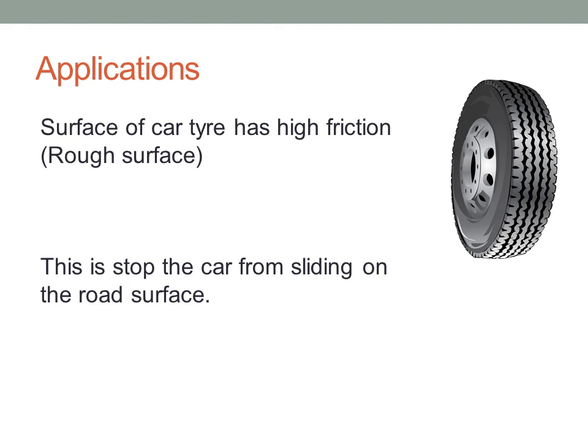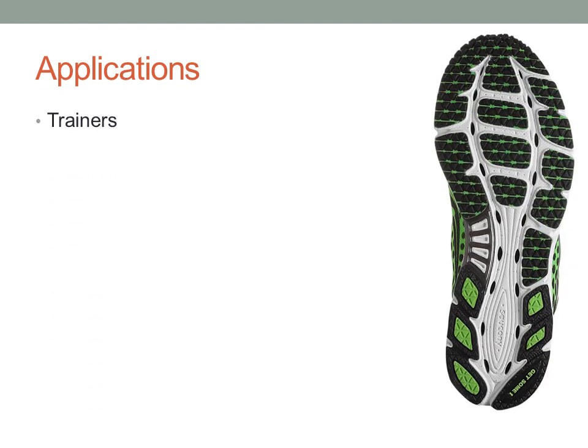Here, the friction acts against the direction of the car's motion on the road, and because the car tire is so rough, it stops the car from sliding. And another application is the trainers.